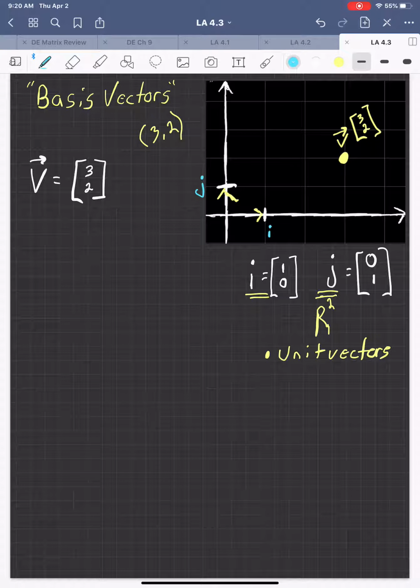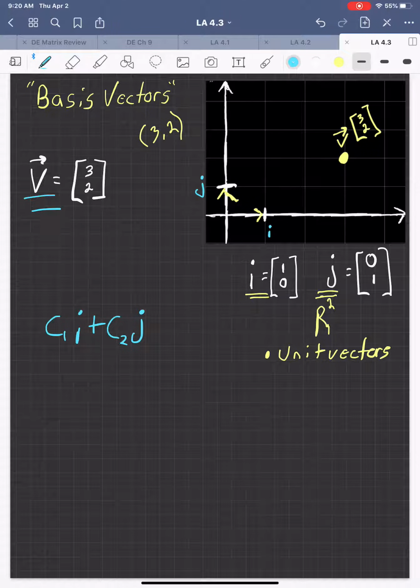I've already graphed this vector v, right? Somebody comes along and gives you vector v, and what I'm trying to tell you is that from I and j, just with these two vectors and some scalars, I can get to the point 3, 2 from a linear combination of these two vectors.